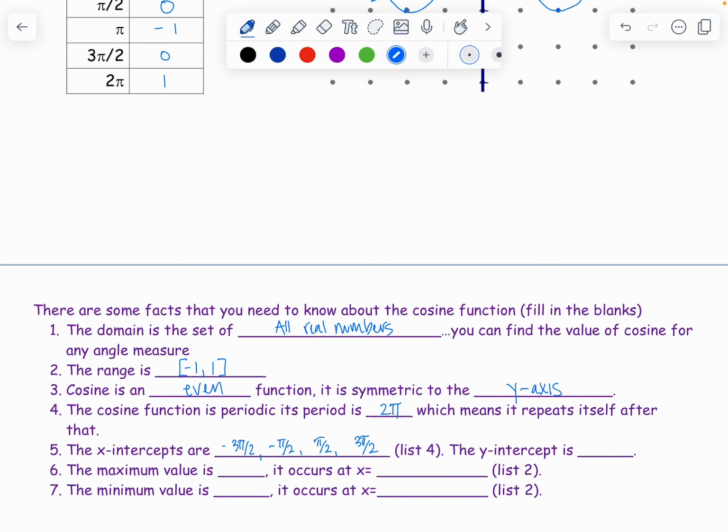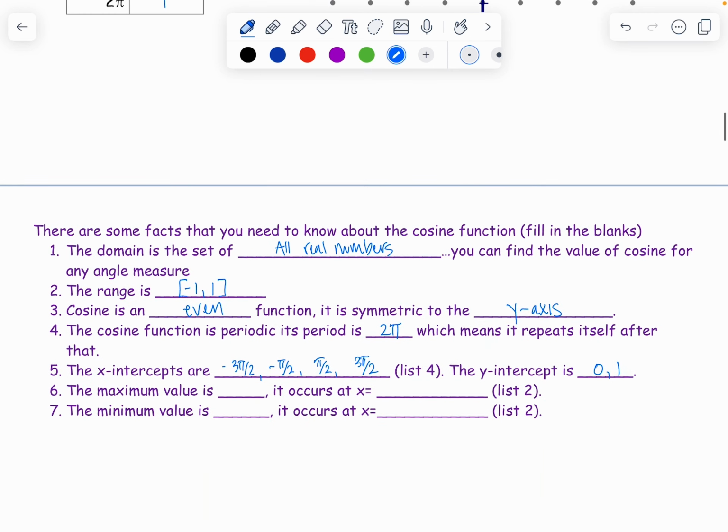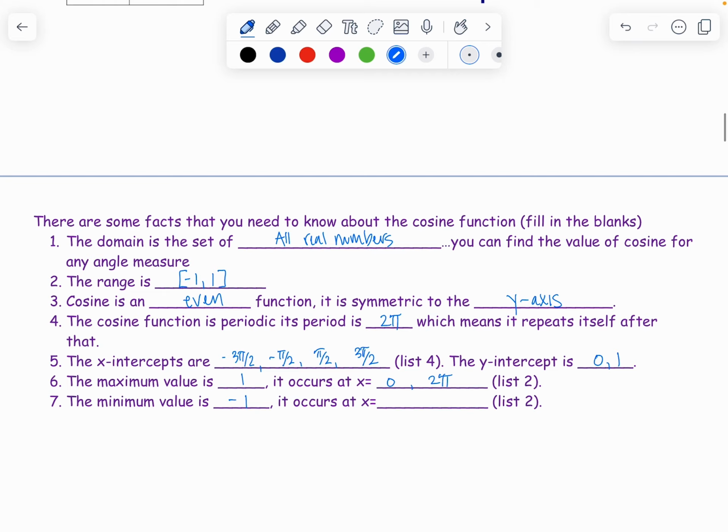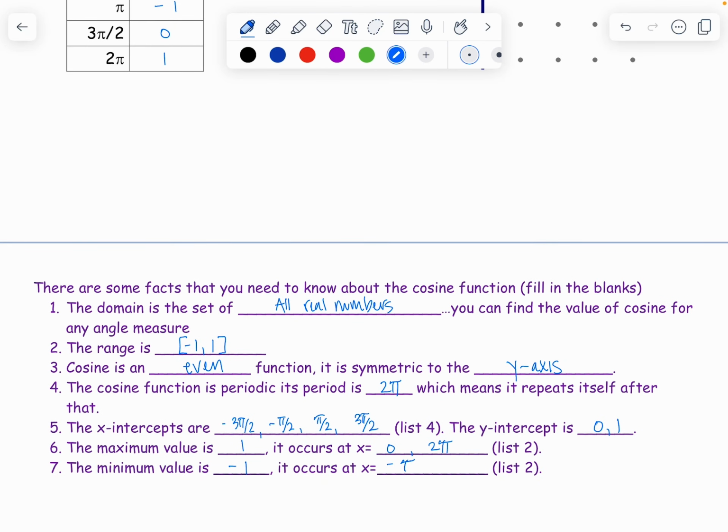And the y-intercept here is at the point 0, comma 1. The maximum value is 1, and it occurs when x equals 0 and when x equals 2 pi. And the minimum value is negative 1, and it occurs where x equals negative pi and positive pi.